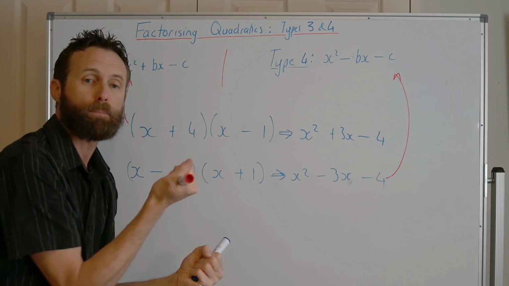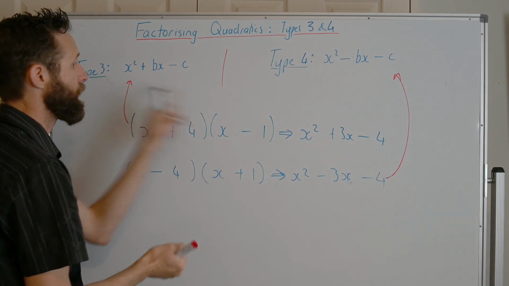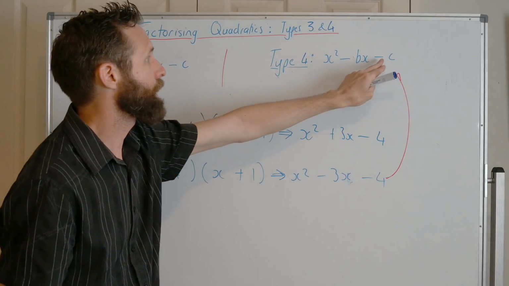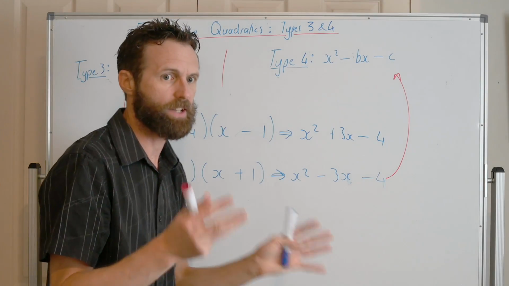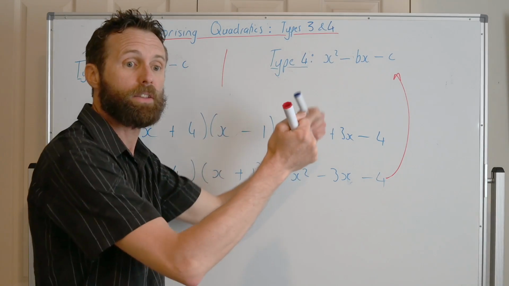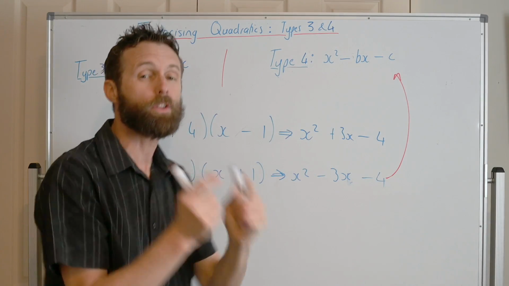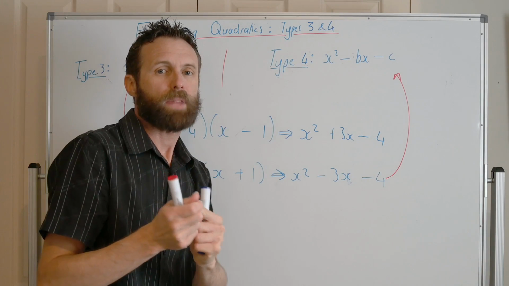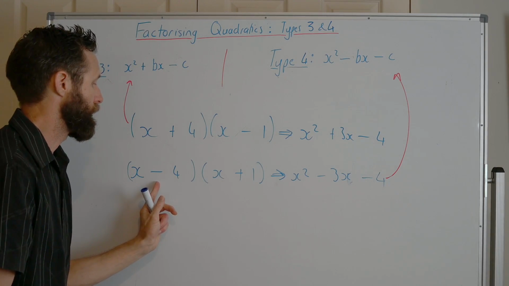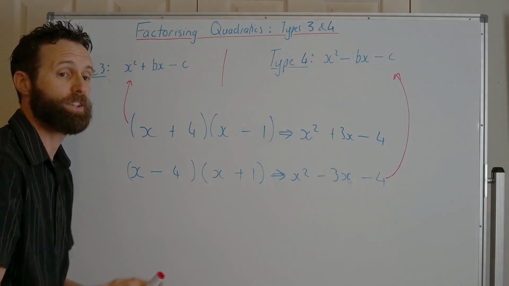Because you've got a bigger number that's positive, it ends up being overall a positive. Now with type 4, because you've got a negative here, you know you've got mixed signs in the brackets, one positive, one negative, but because you've got a negative, when you add the two x values together, you know that the bigger number has to be negative, and that's why we've got a minus 4 here. Minus 4x plus 1x is minus 3x.